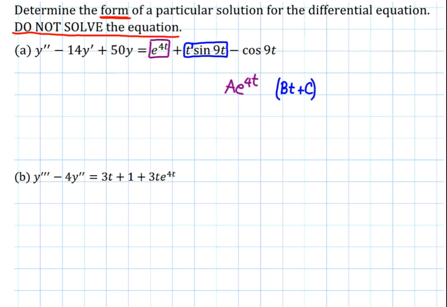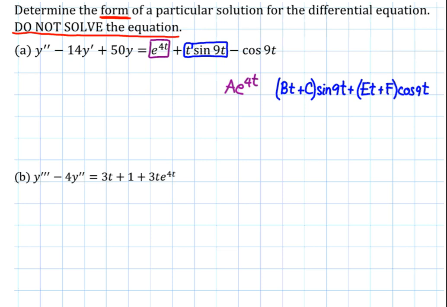plus c times sine of 9t, and then the cosine of 9t with a different linear function in front of it. So after c, we will not want to use d, so let's use e, because d is usually for derivative, so let's just skip that. So et plus f cosine of 9t, right?